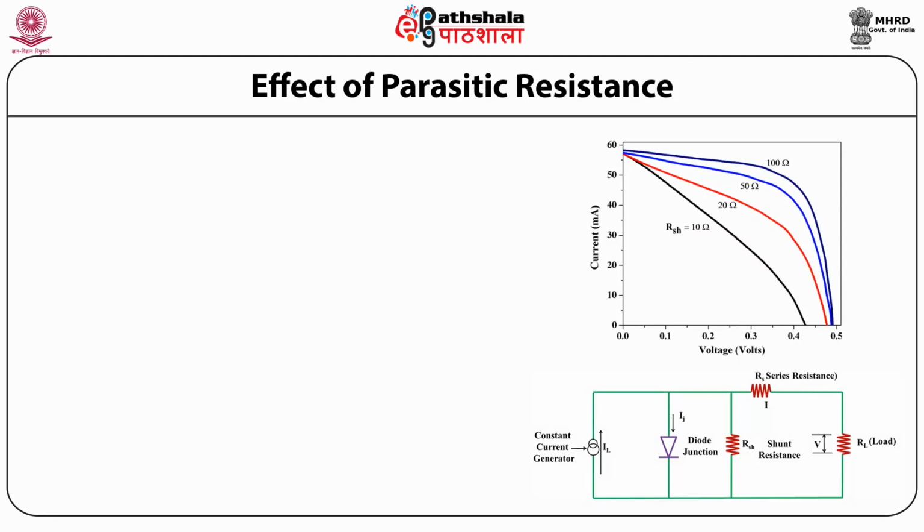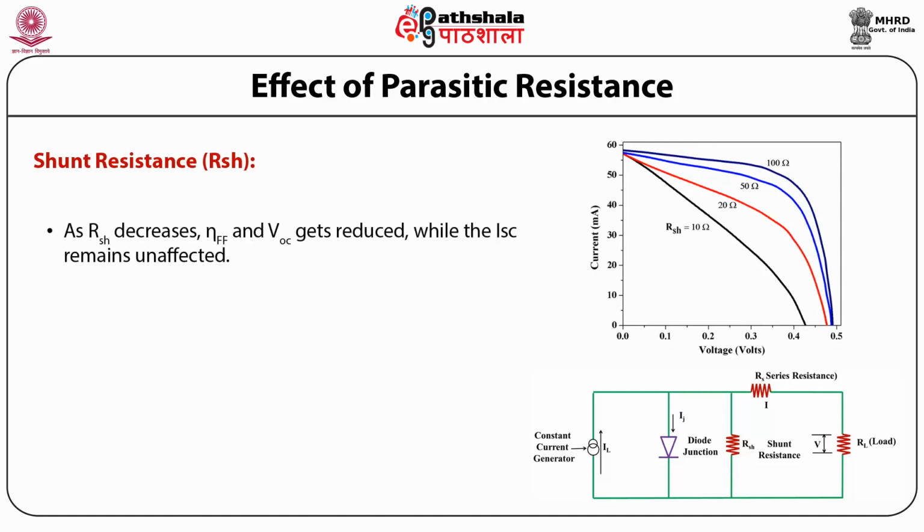It is also evident from this figure, which is a plot of current versus voltage, showing the effect of shunt resistance on the fill factor of a silicon solar cell. It can be seen that as the shunt resistance RSH decreases, the fill factor and the VOC get reduced, while the ISC remains unaffected.